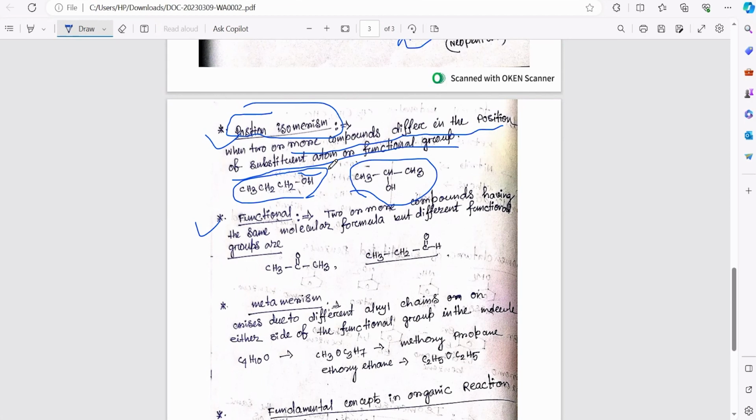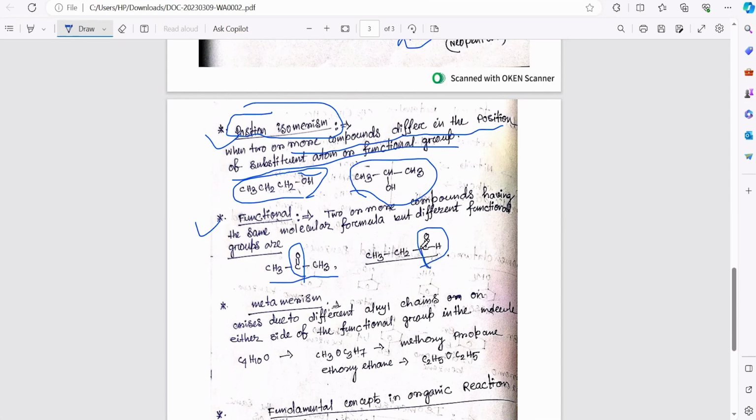In the first example, a ketone is present, C double bond O, and in the second, an aldehyde is present, the CHO group. The molecular formula is the same, but a different functional group is present. One is acetone, where one carbonyl group is present, and the other has an aldehyde group.